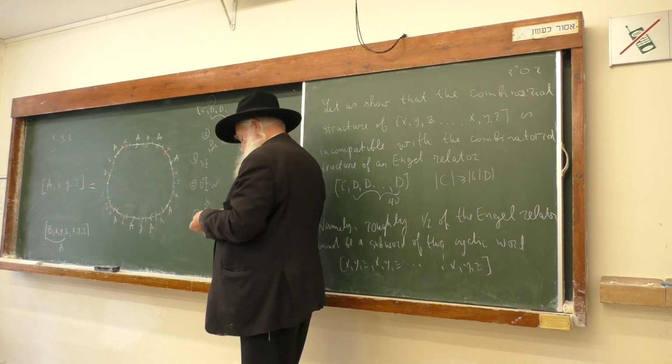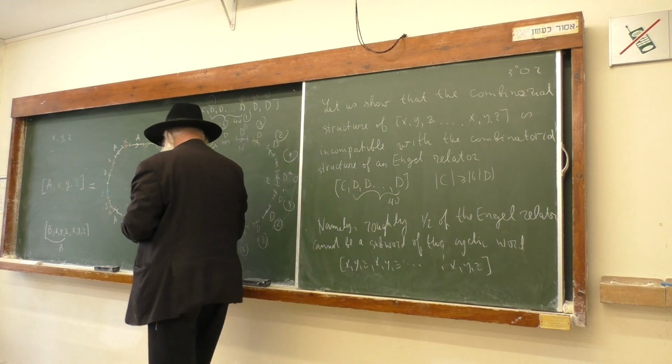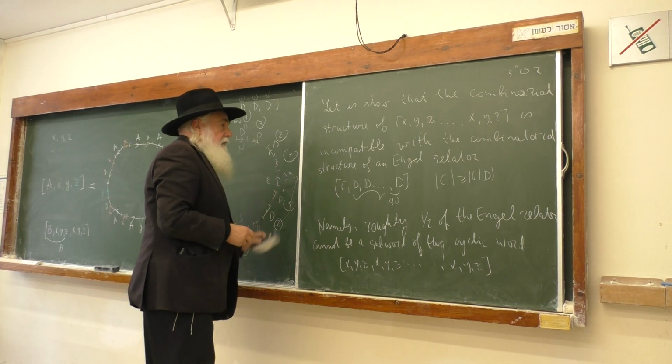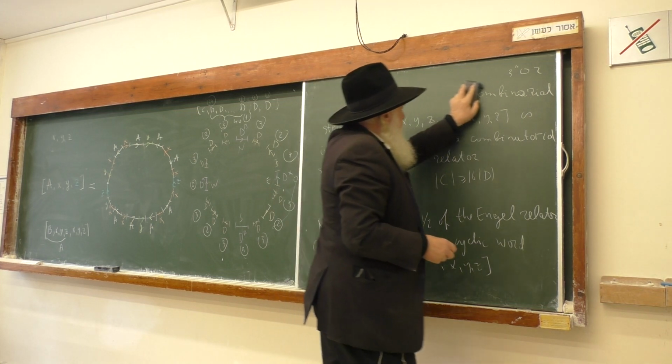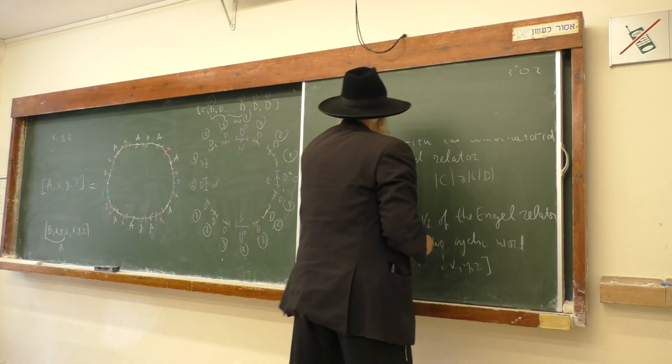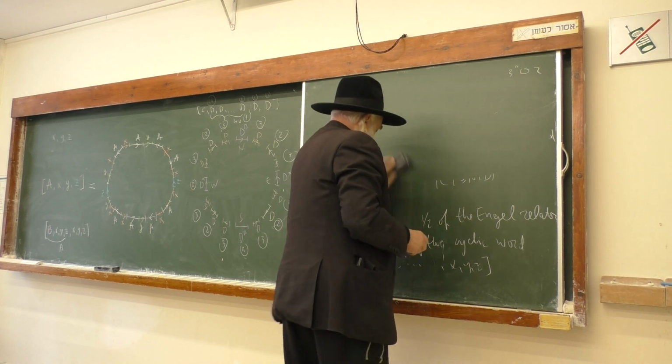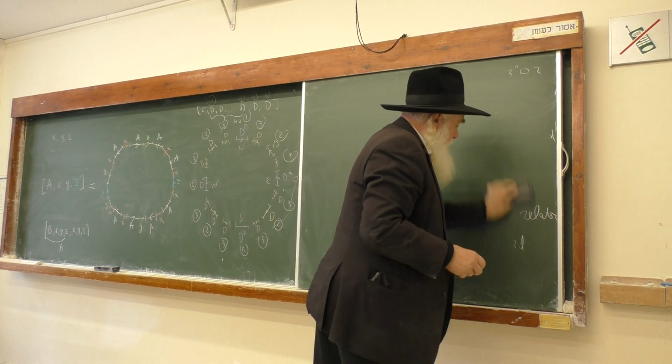So, what happens? Then we will see that this combinatorics will be of the following form.